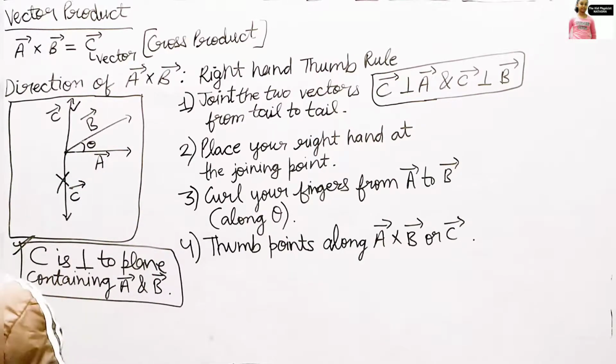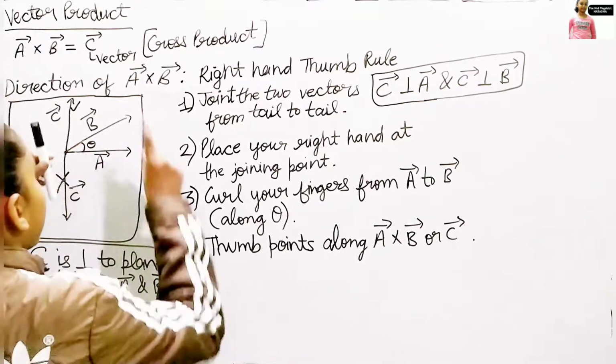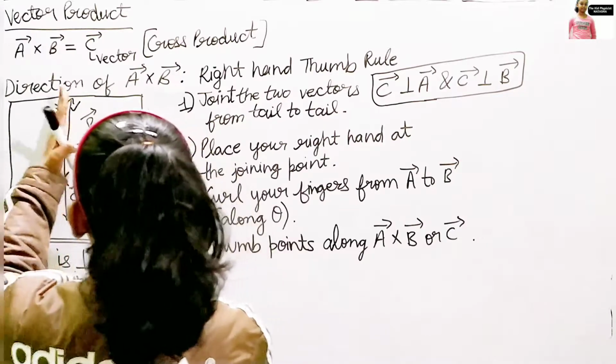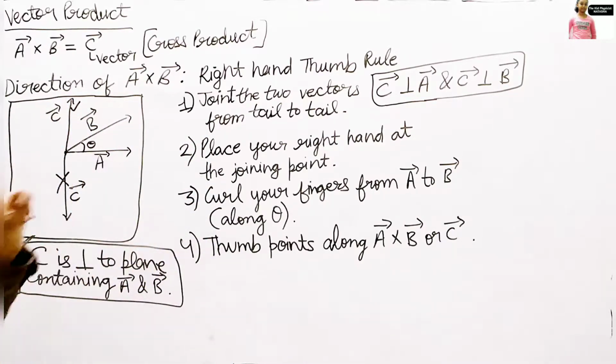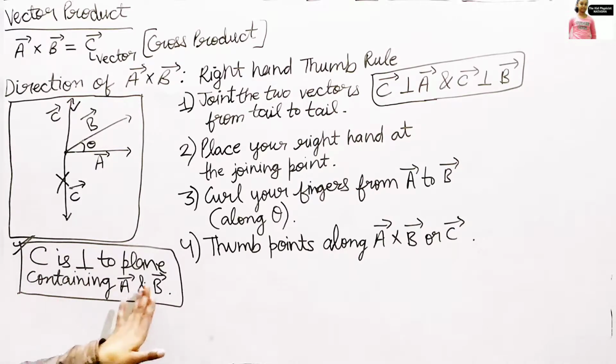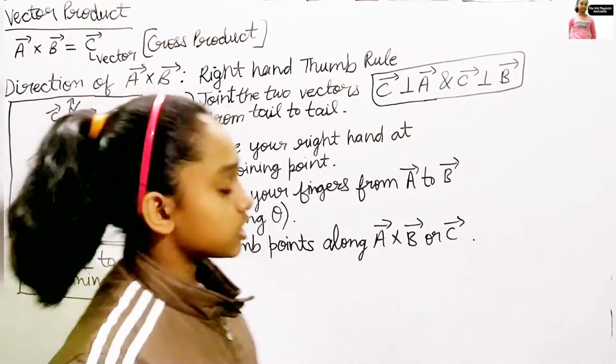I've just simply said that if C is already given to you in one plane and vector B and vector A are given in a second plane, then in that condition it may or may not be perpendicular to the plane containing vector A and vector B. Okay, so it will be according to the situation. Okay, yeah, so let's continue.